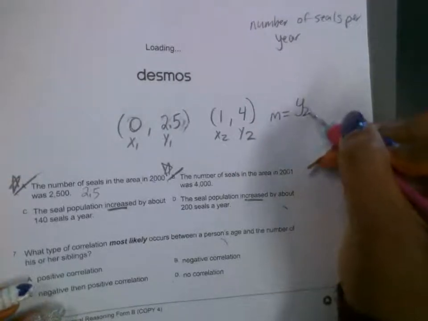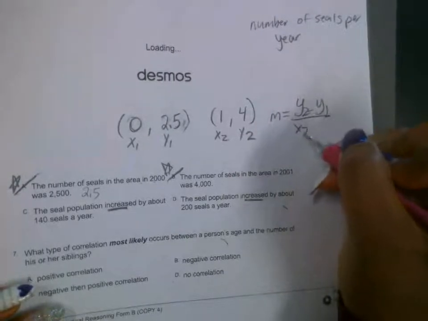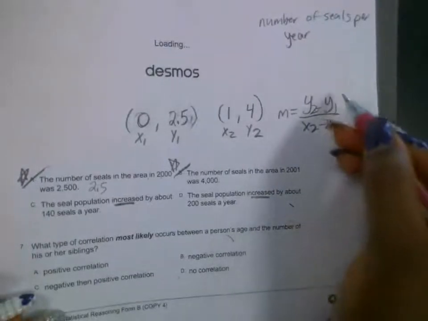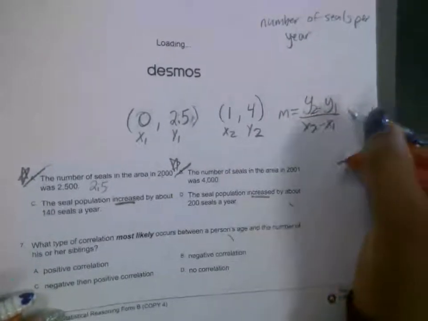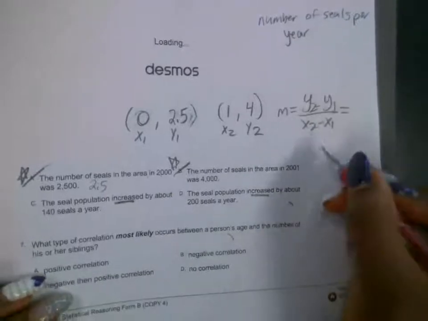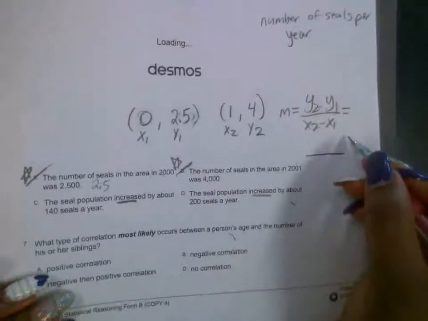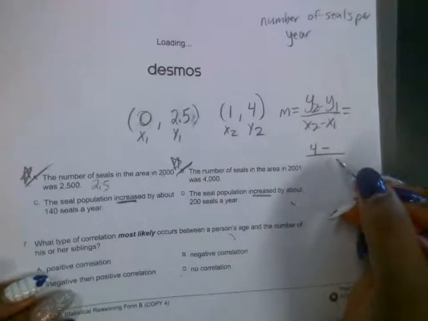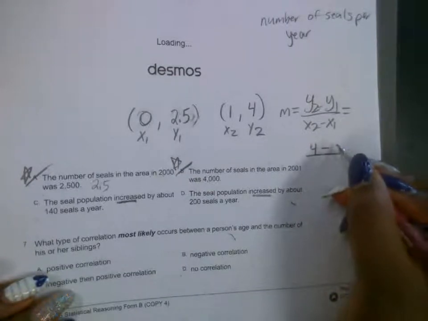So we got y2 minus y1 over x2 minus x1. All right, so when this is the formula, what do we substitute? What goes on the top and what goes on the bottom? Very good.